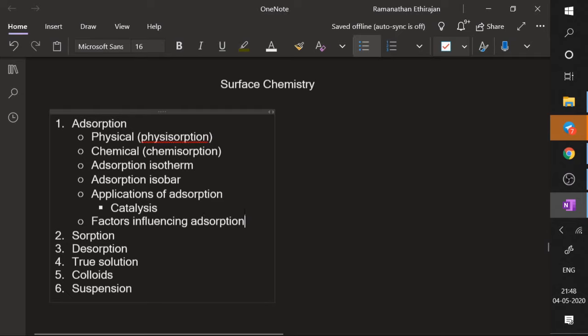Then, regarding colloids, here we have some subtopics.